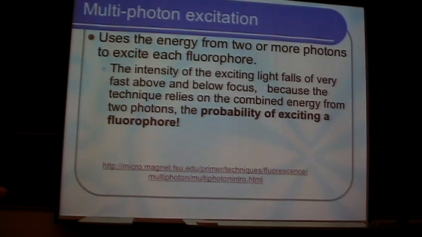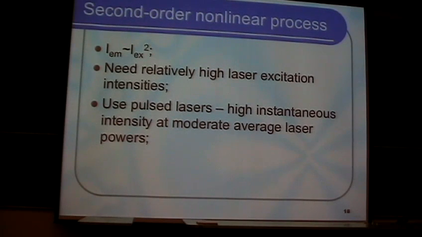The reason is because this very sharp decrease of the excitation and the fluorescence light as one would move away from the focal point allows you to effectively excite and detect fluorescence light only from the very vicinity of the focal point of the particular imaging system. And so in the case of the two-photon fluorescence microscopy, the emitted fluorescent light is proportional to excitation intensity squared.